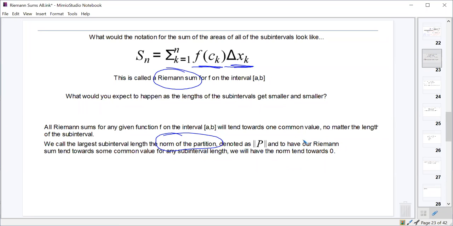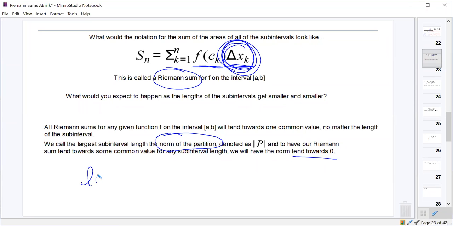Because if that subinterval's length equals 0, that means delta x sub k is 0, and then I'm just summing together a bunch of zeros, which is 0. So how do I make something 0 without actually making it 0? Take a limit. So that's exactly what we're going to do.